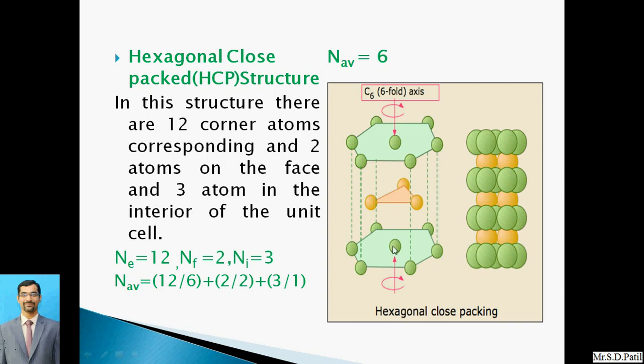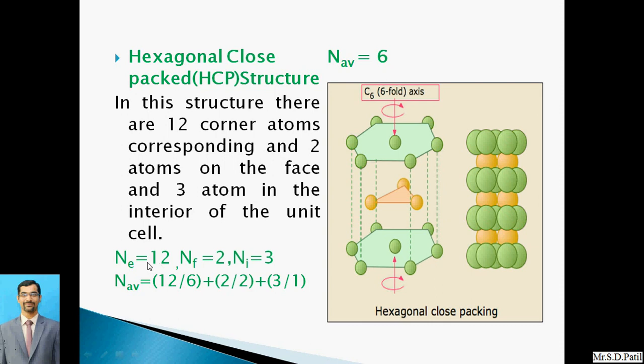On this particular face one atom is there, and on this particular face one more atom is there. So these are the 2 face atoms. Then 3 atoms in the interior of the unit cell. On the interior side, 1, 2 and 3 atoms are there, shown by this slightly yellowish color.